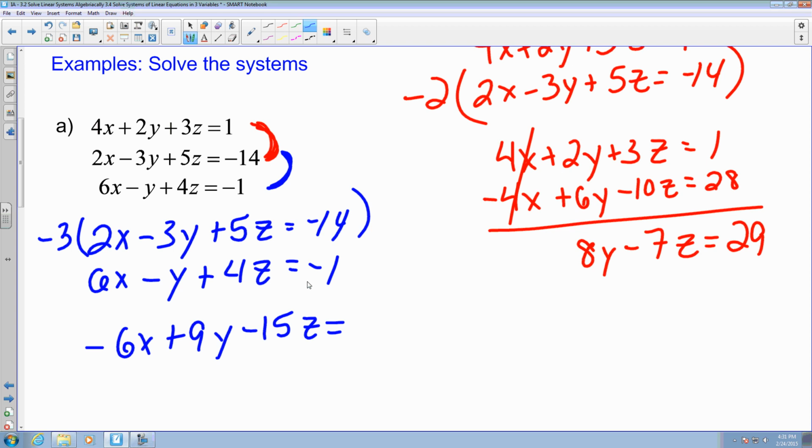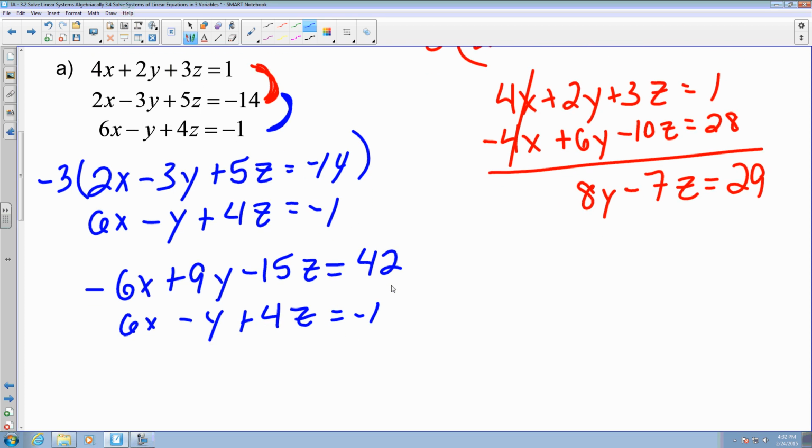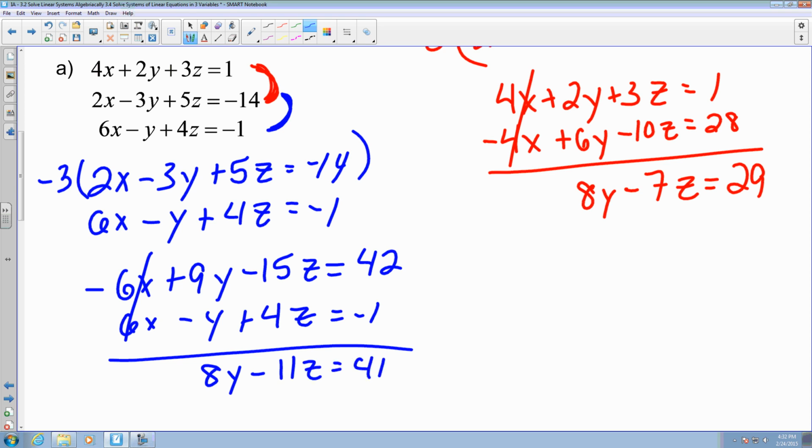Negative 14 times negative 3 would give me a positive 42. And then I just rewrite what I have on the bottom equation. Okay, so now again, I eliminate the one variable x, and then this becomes 8y minus 11z equals 41. Okay, so now I stop here.